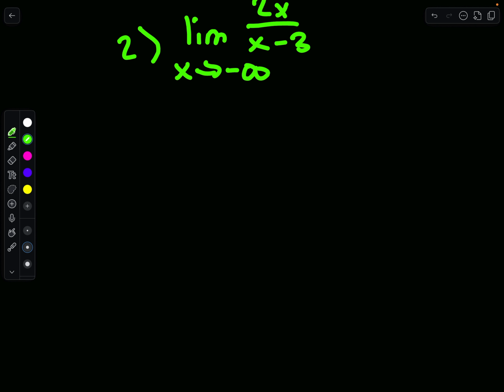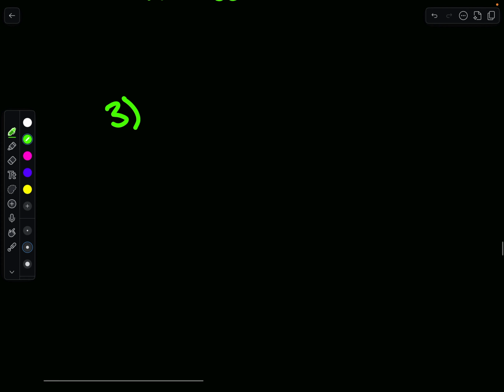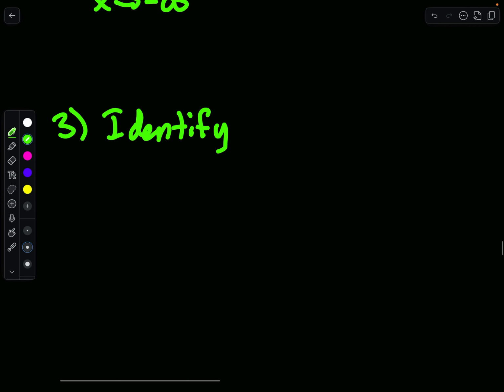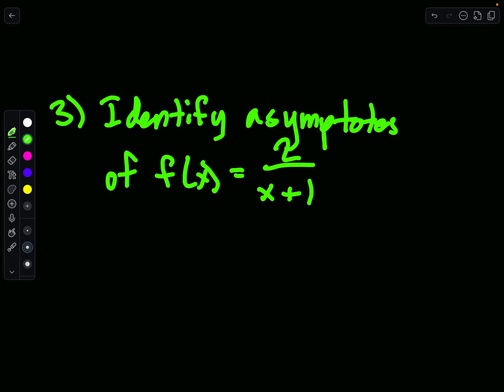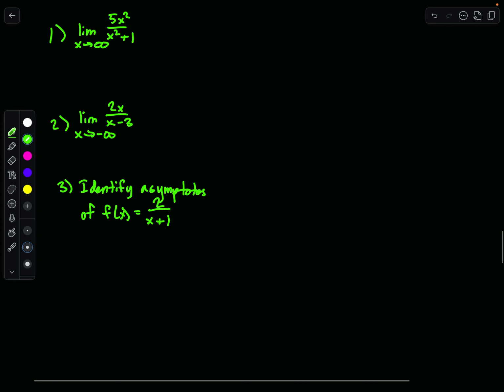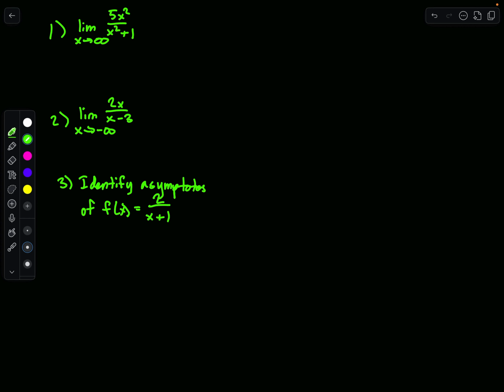Now question 3. Identify the asymptotes of f of x equals 2 over x plus 1. Now try these 3 on your own. Pause the video and we'll go through them together when you're ready.